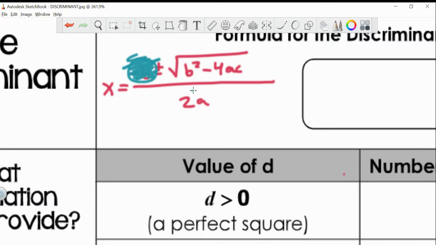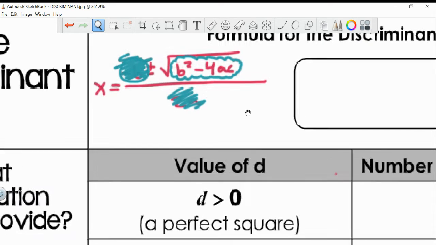Is this 2a going to tell us about imaginary numbers? No. Because it's just going to be a 2a. But this part inside here does have to do with imaginary answers. If this part right here is the square root of a negative number, we will have imaginary answers.